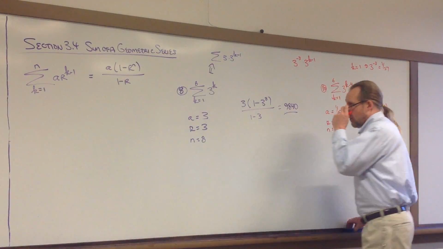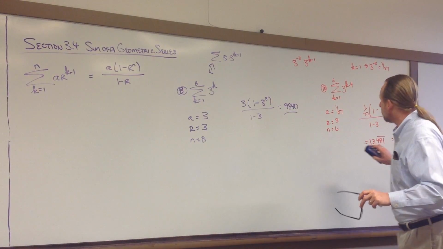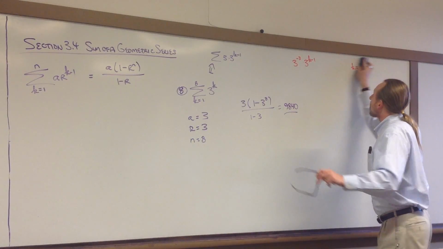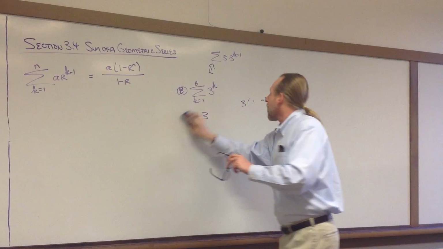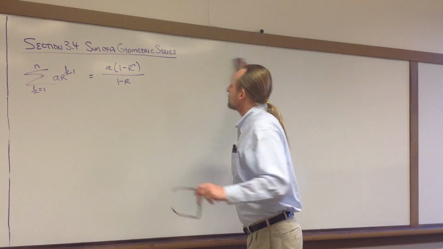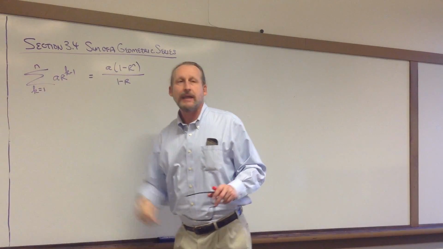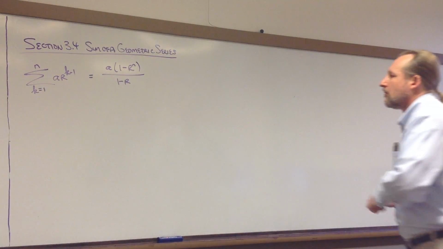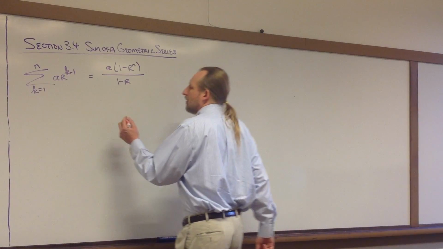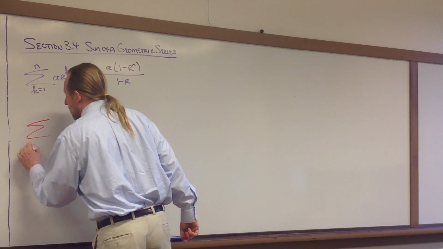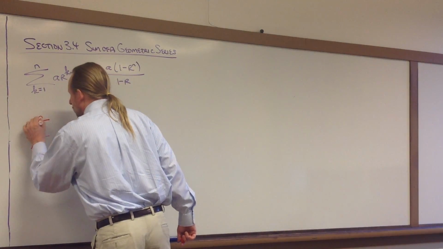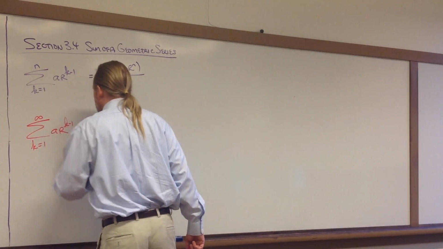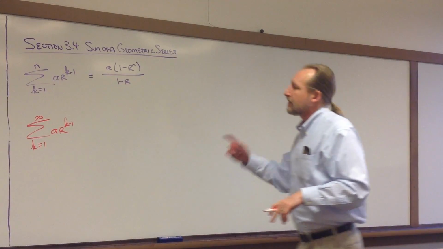Now, let's talk about what happens for an infinite geometric series. So, with an infinite geometric series, this n now is going to go to infinity. So, k runs from 1 to infinity, a r to the k minus 1. Well, here's the thing.